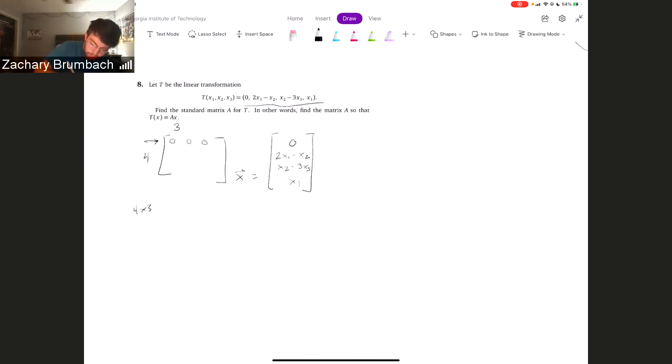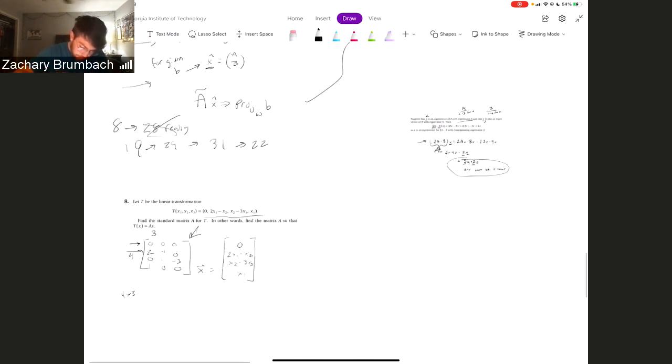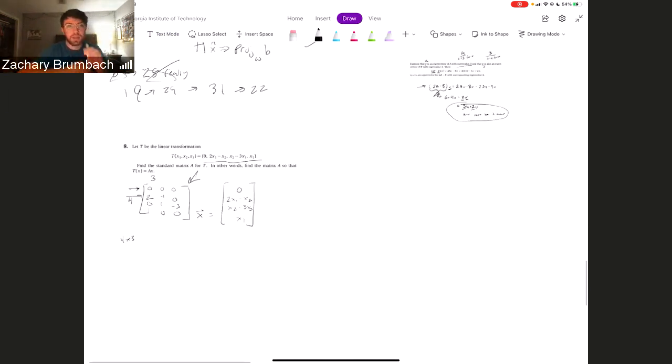For the second row, how many x1s are there? 2. How many x2s? -1. And x3s? 0. Then the next row, you get 0, 1, -3. And for the bottom one, you get 1, 0, 0. So that gives you this as your correct matrix. Questions on that?